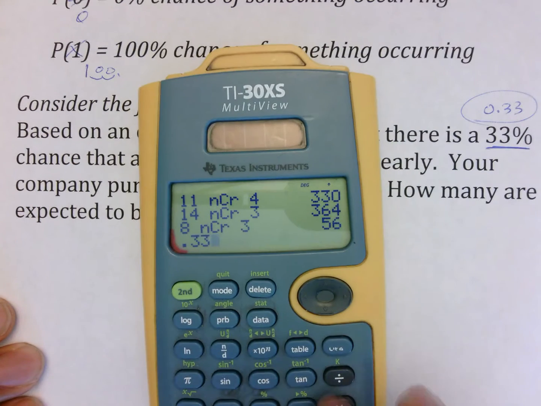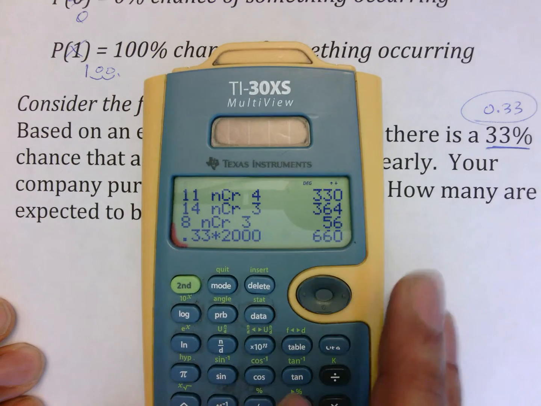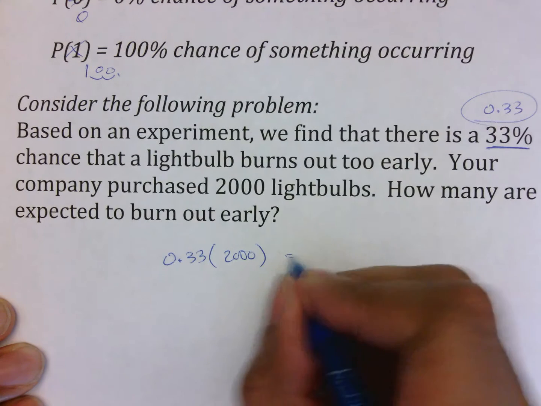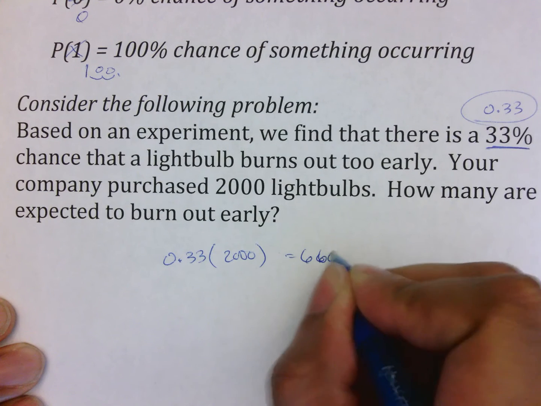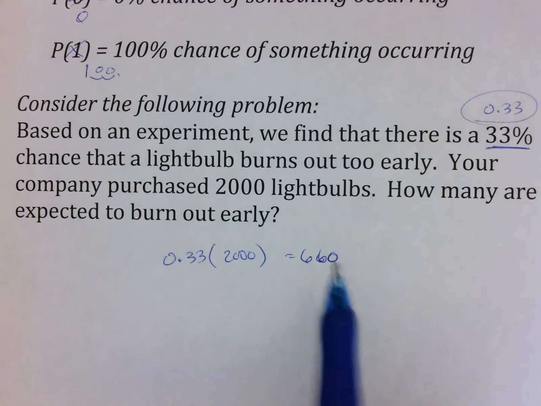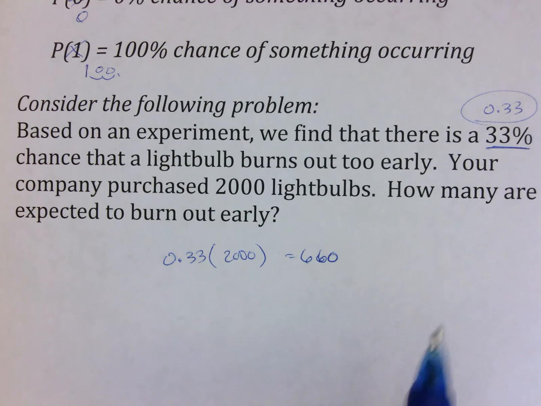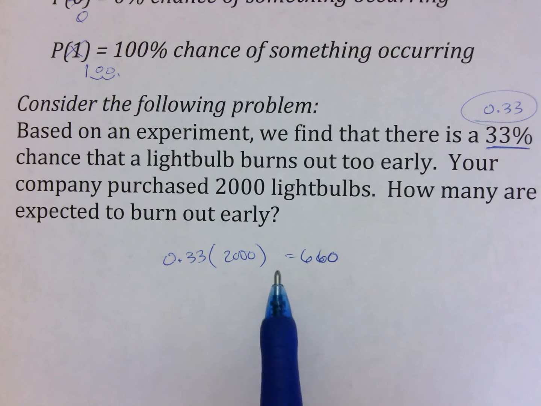So 0.33 times 2,000 is 660. It doesn't mean that exactly 660 bulbs are going to burn out. It means that based off of your sample, the set of light bulbs that you purchased, there's probably about 660 of them that aren't going to work as long as they're supposed to. Again, that is the experimental probability that we're talking about there.